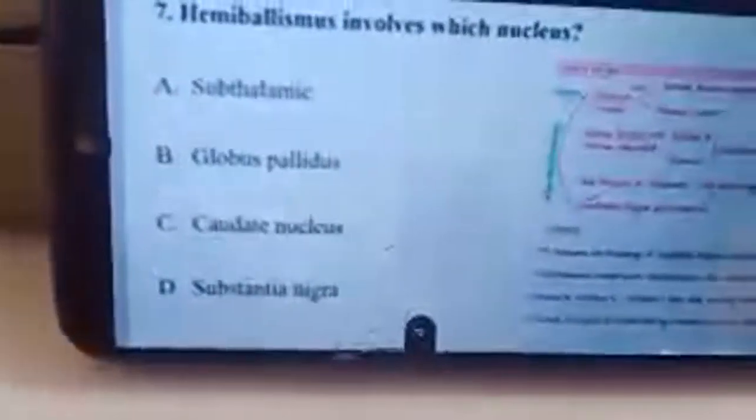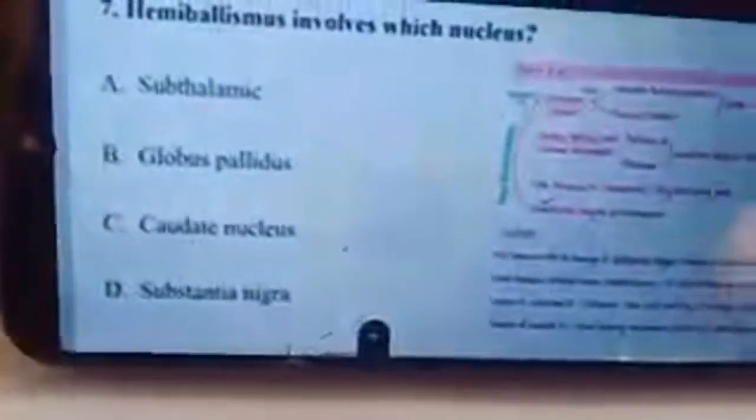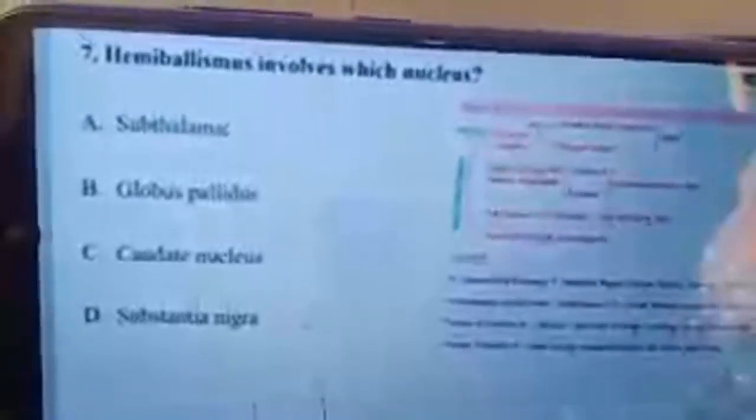If the caudate nucleus is involved, it causes chorea. So chorea is not involved here. Globus pallidus and substantia nigra cause rigidity, partial rigidity and akinesia. So it will also not be the answer. So the subthalamic nucleus is the perfect answer for this question. So moving forward, next question.